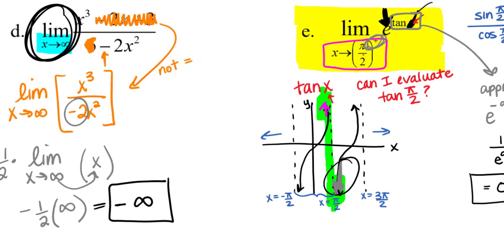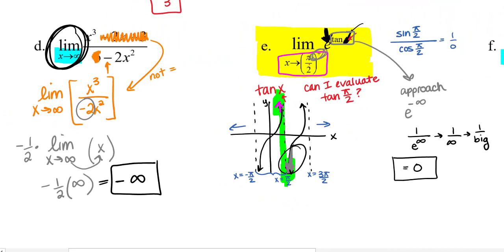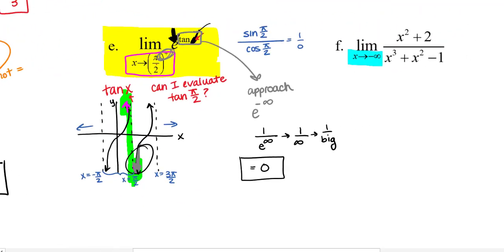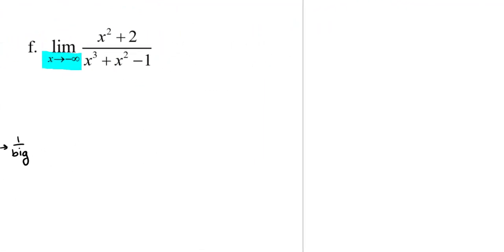We went through question E on a previous video here. So let's just look at one last one. Question F. And this one will also look graphically, so we can just see the graph one more time.